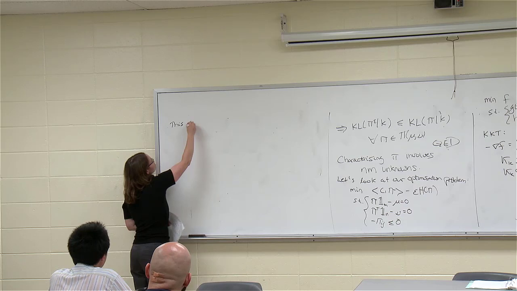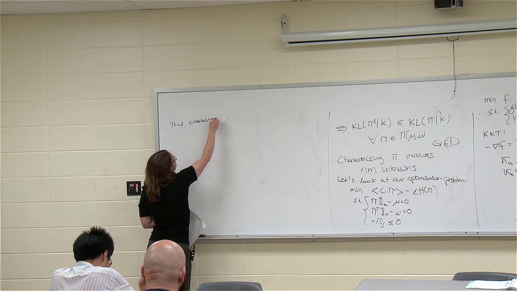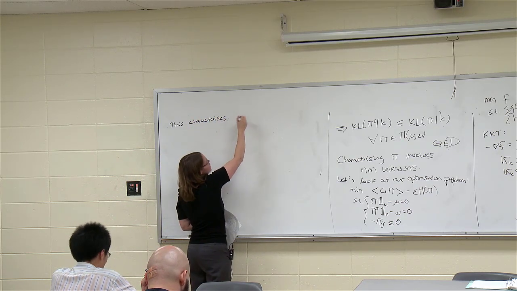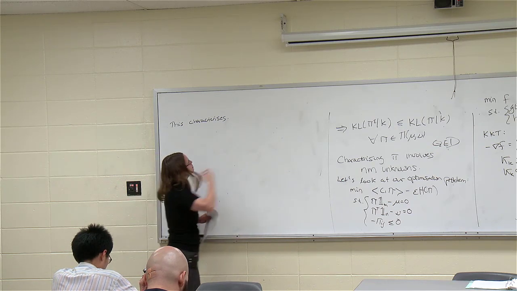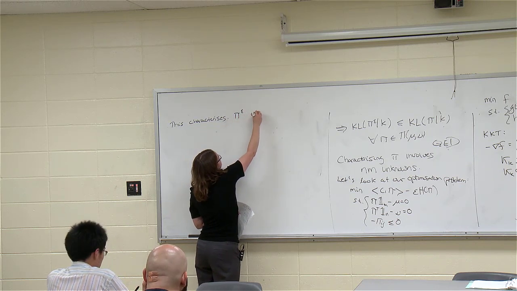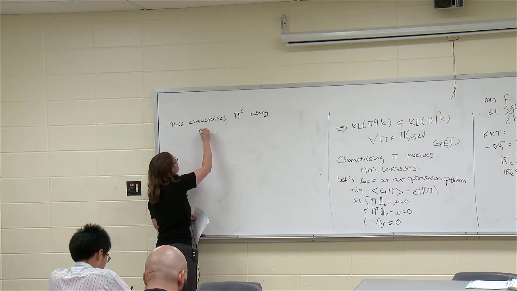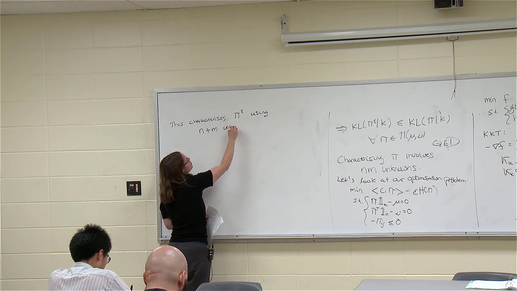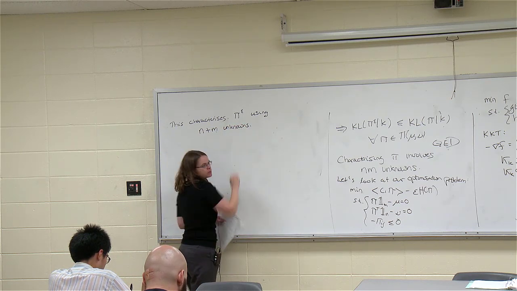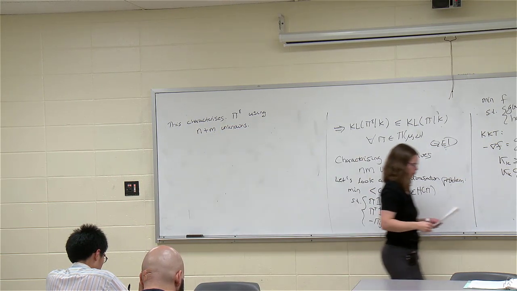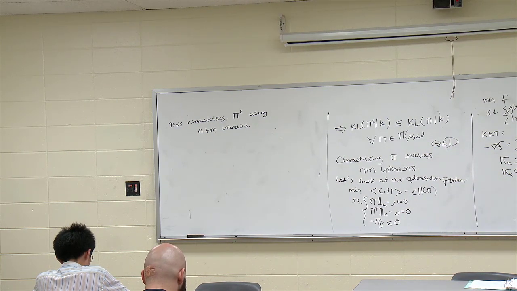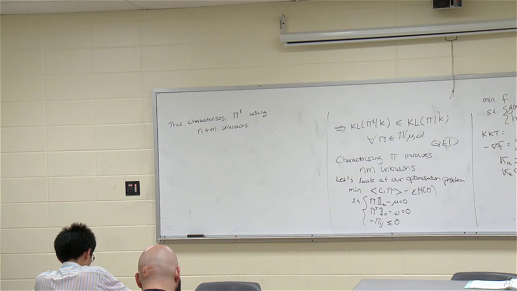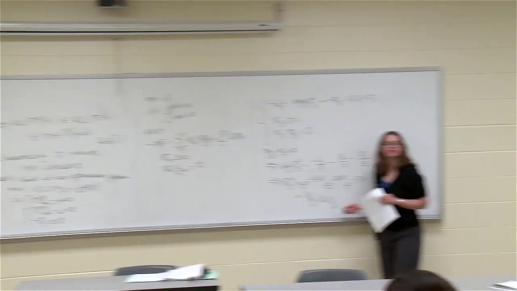Okay, so this characterizes the optimal plan, the optimal regularized plan, using only n plus m unknowns. Okay, and what determines U and V?